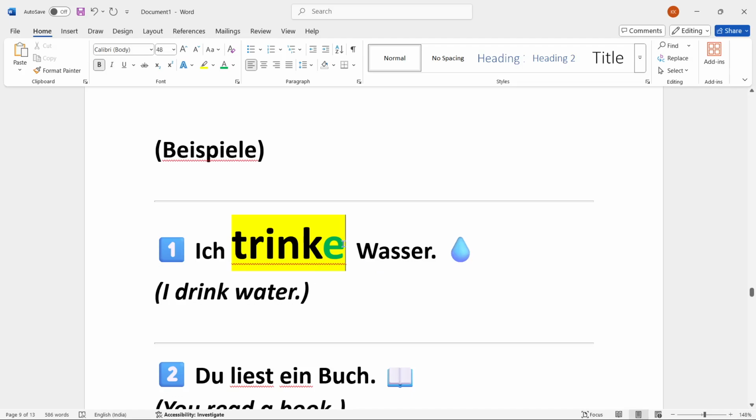So, today we are not learning the verbs' conjugation. We are learning the verbs. What is the verb? Without a verb, we can't make any sentence. Ich trinke Wasser. It means I drink water. I'm doing something, na? So ich trinke Wasser.